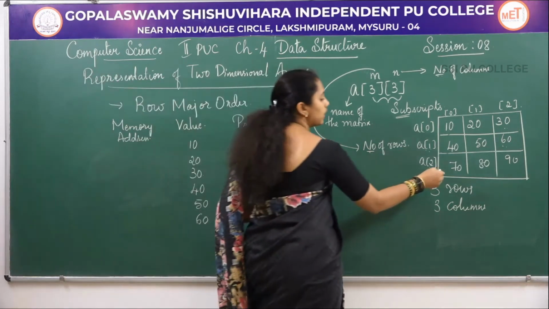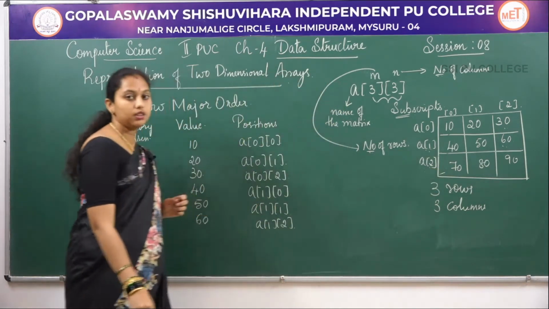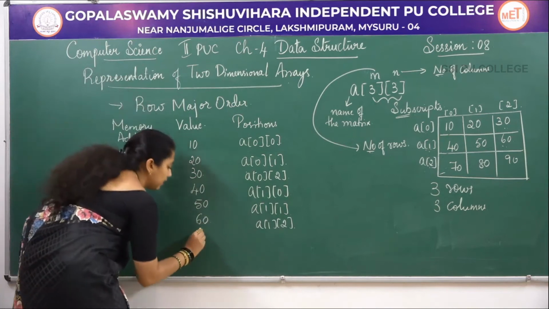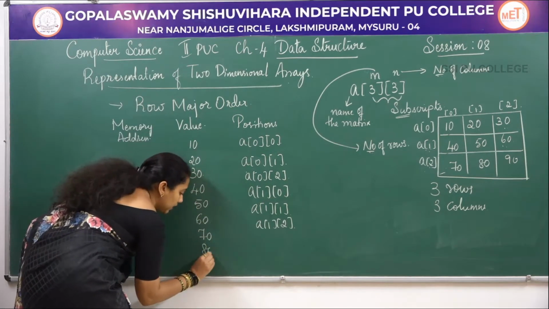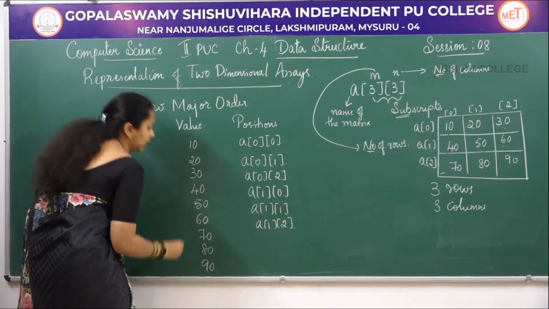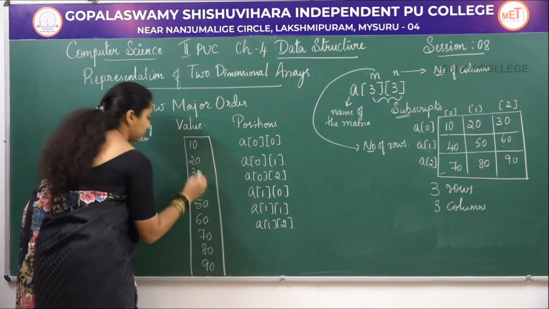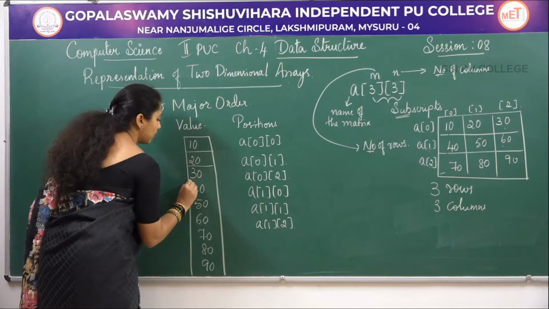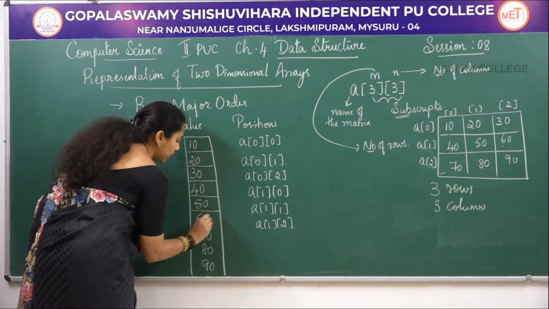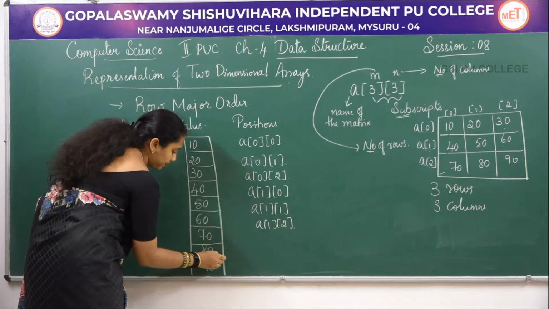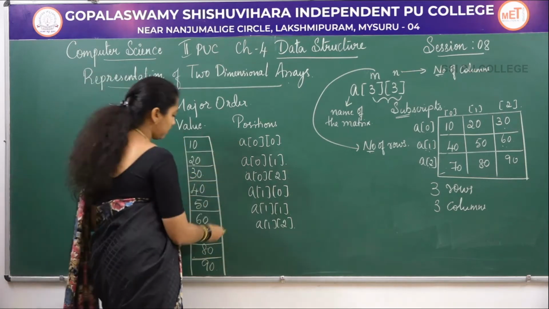Next, it will store the third row elements. The third row elements are 70, 80 and 90. The elements are stored in contiguous memory locations. What is the position of 70?